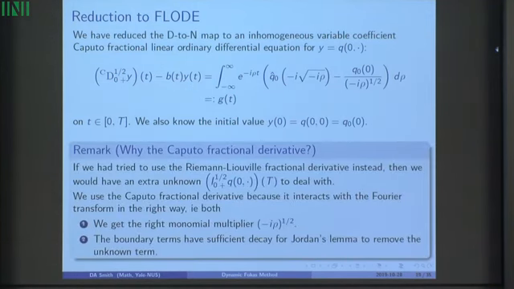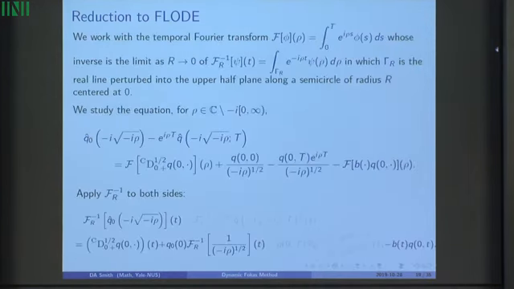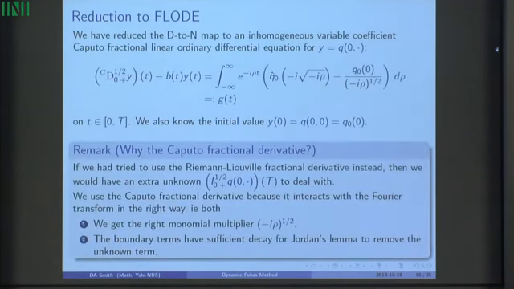So why have we used the Caputo fractional derivative? Well, we used it because it made sure that we ended up with this term that we know, and this term disappeared, right? So we got the boundary terms that are easy to deal with.